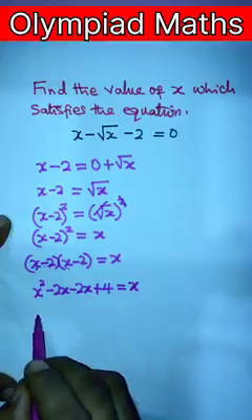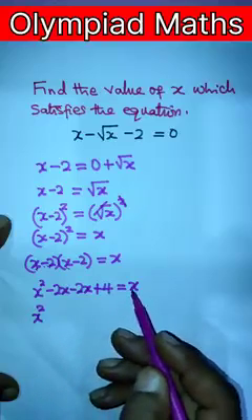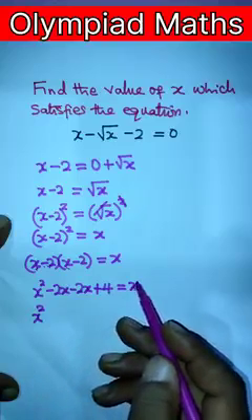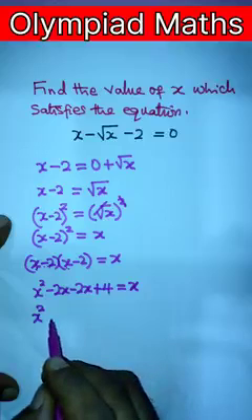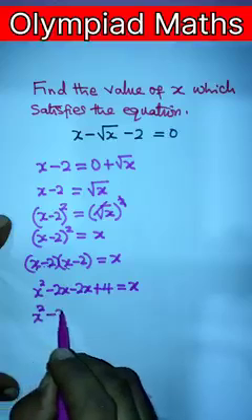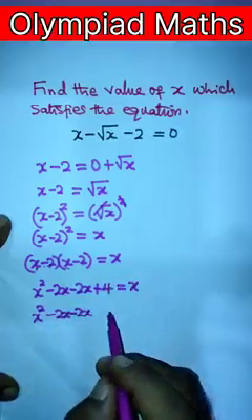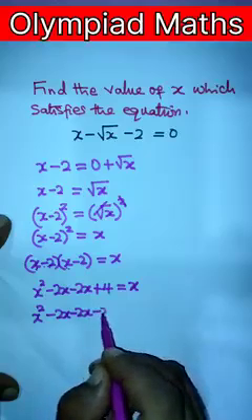Now, next thing is to collect like terms. There is no term in x squared, so we bring down x squared. Then here we have x. This x will come to the left hand side. The sign will change from positive to negative. That means we will have minus 2x minus 2x. Then bringing this to this side will be minus x.